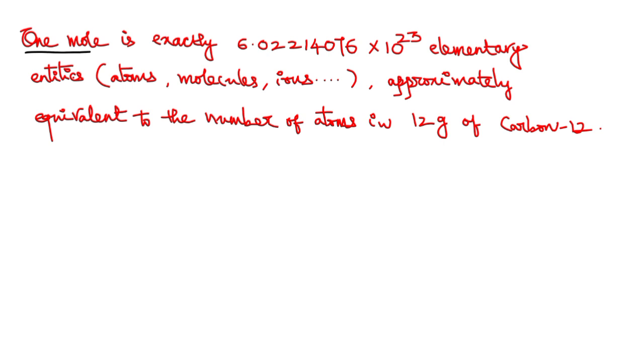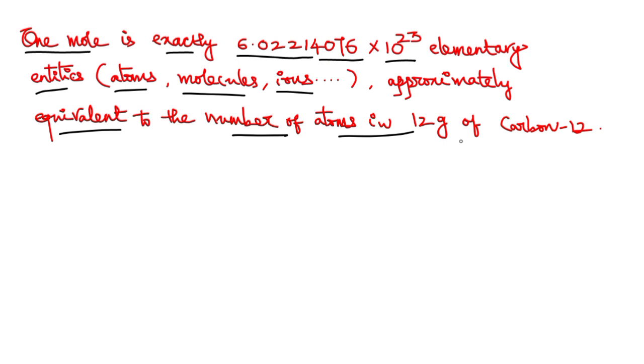1 mole is exactly 6.022 into 10 power 23 elementary entities. Those elementary entities may be atoms, molecules, ions, or any type of particles. These are equivalent to the number of atoms in 12 grams of carbon 12.